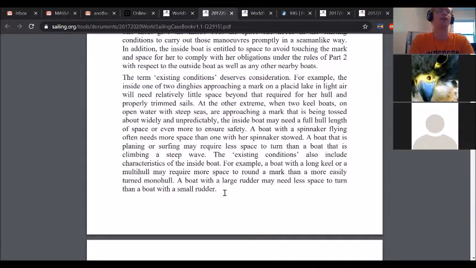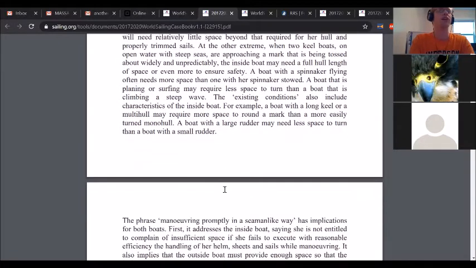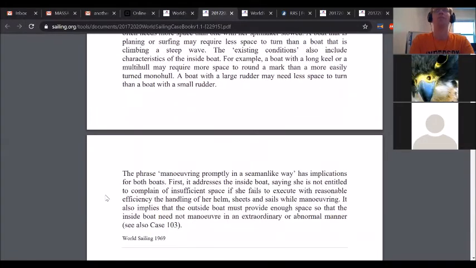These are all different specific examples, but we can afford to generalize a little bit. And it kind of comes down to experience. When we sail in different conditions, we get used to what kind of space we need to round in different conditions. Obviously, as the inside boat, we are trying to round in as little space as possible anyway, so we're not looking to take extra space.